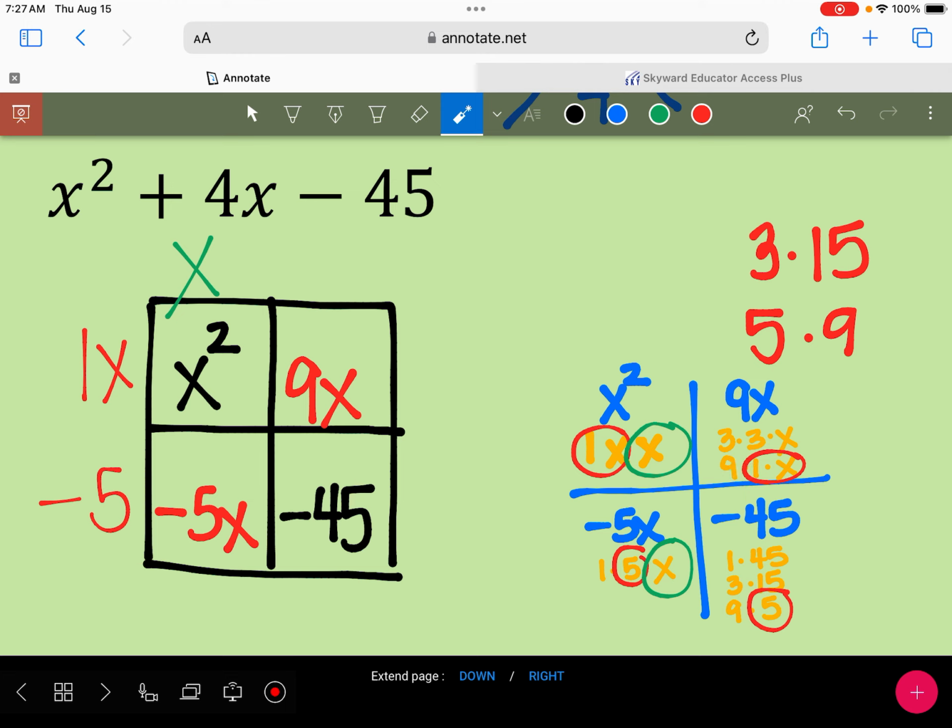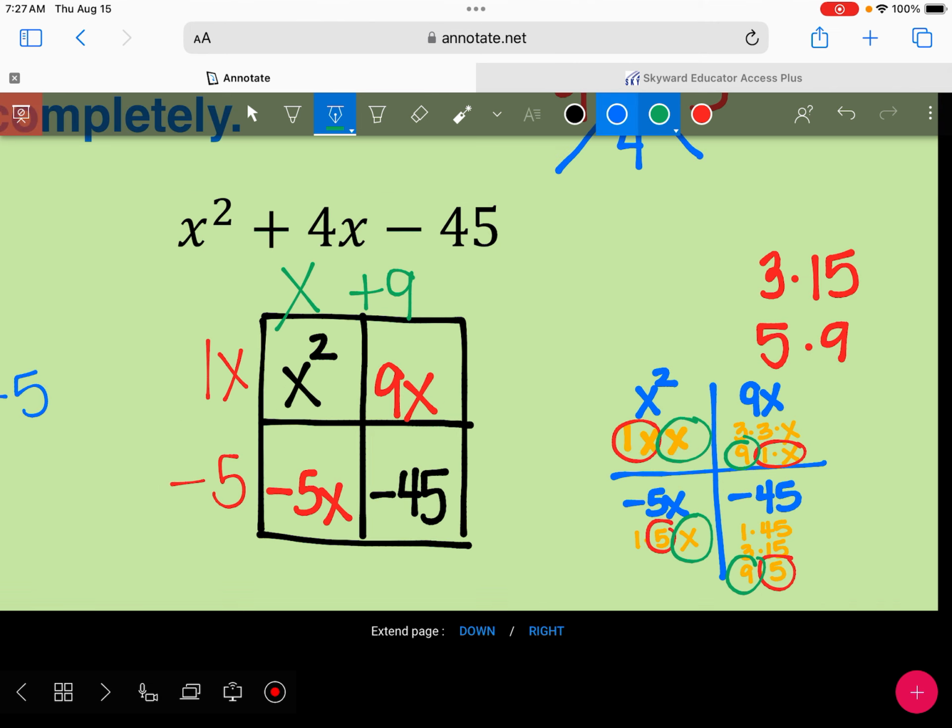So what's the biggest that we can get? The biggest we could get is a 9. So we're going to take a 9 out, and that has to be positive. So it factors down to, my factors are x minus 5 times x plus 9.